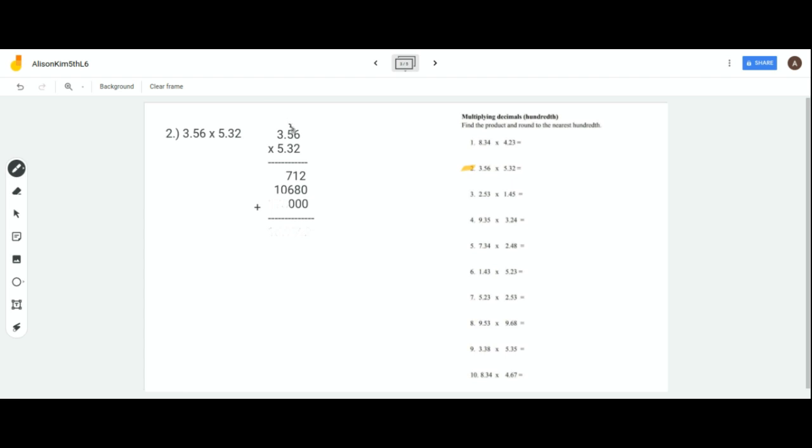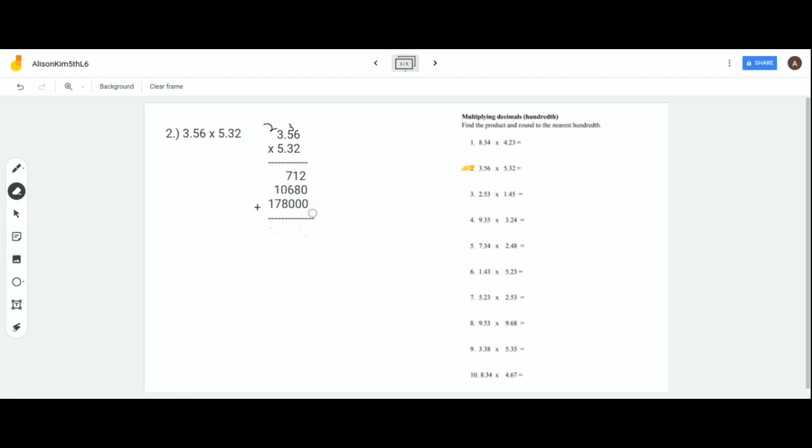Now we do 5 times 5 plus 3. 5 times 5 is 25. 25 plus 3 is 28. So you put the 28 right here, and you move the 2 right here on top of the 3. So 5 times 3 is 15. 15 plus 2 is 17. So on your bottom row you get 178,000, okay? Now we add all of these together when all the numbers are aligned.